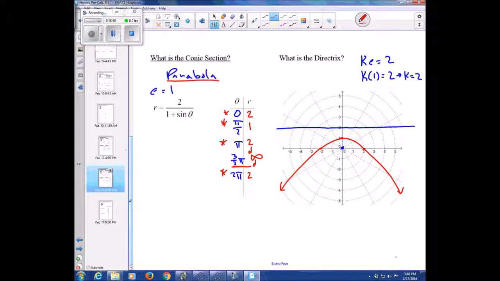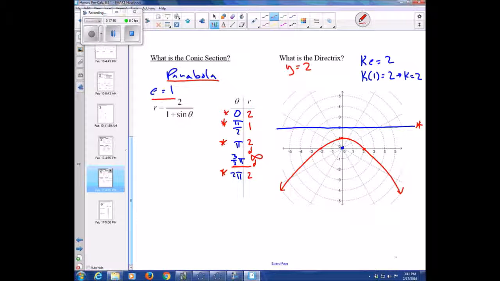Parabola right here, we can see with an eccentricity of 1, this is obviously going to be a parabola. We can determine the directrix by taking the numerator, setting it equal to ke. We know the eccentricity is 1, so that gives us a k value of 2. And right here we can say then that the directrix is going to be y equals 2, you can graph right here.